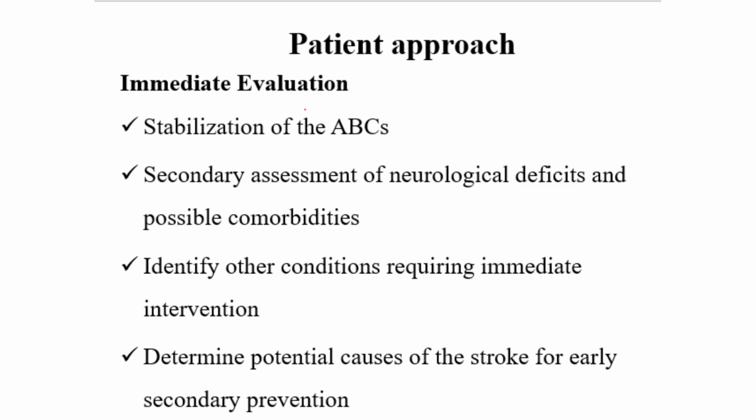Knowing the arterial supply of the brain is important to localize which part of the brain is affected: the medial part, the lateral part, or the posterior medial aspect of the cerebral hemisphere.